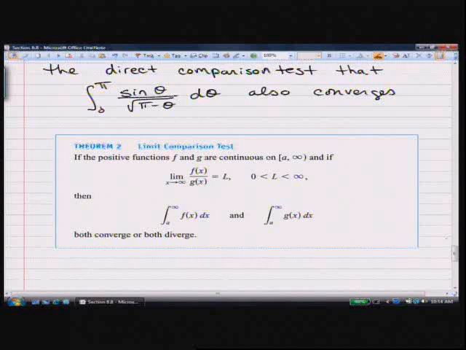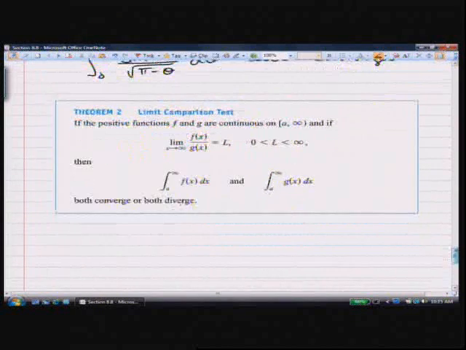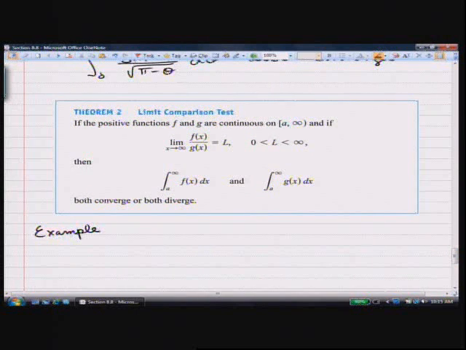Okay? So let's look at a problem. So here's an example. Say we want to consider the integral from 0 to 1 of dt over t minus the sine of t. And we want to determine whether it converges or diverges on the interval from 0 to 1.